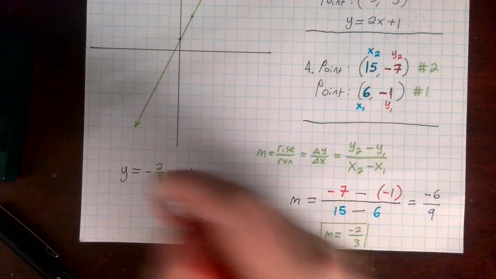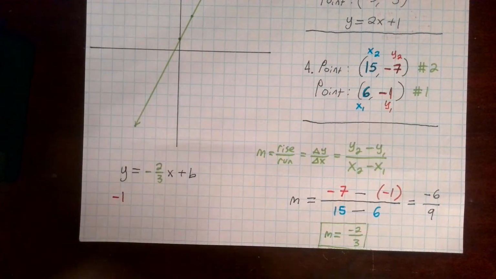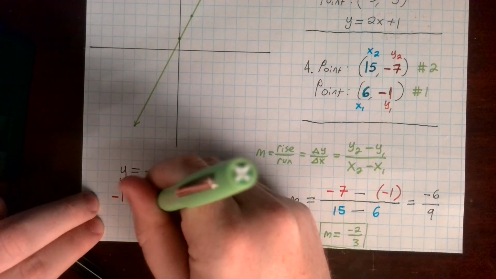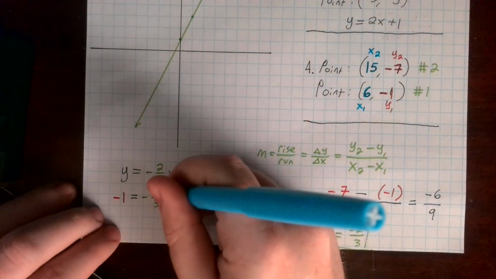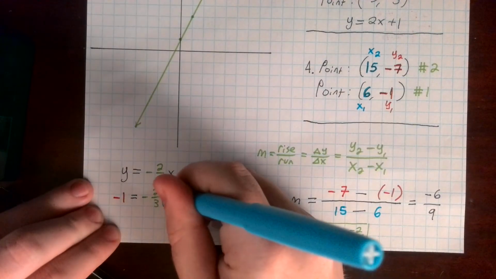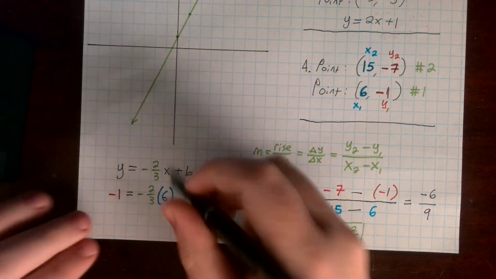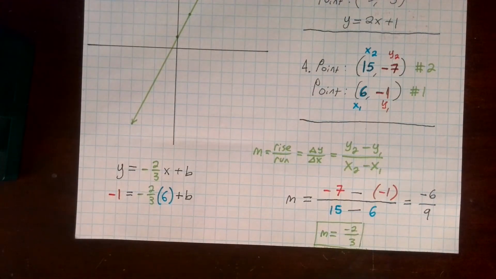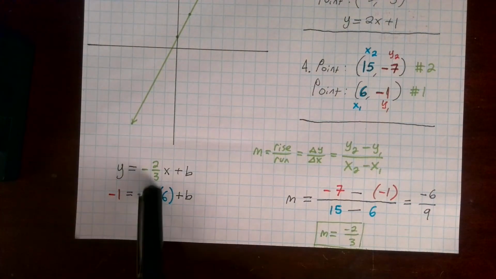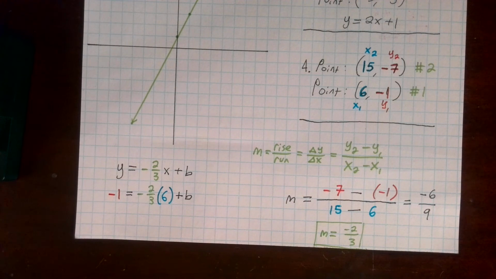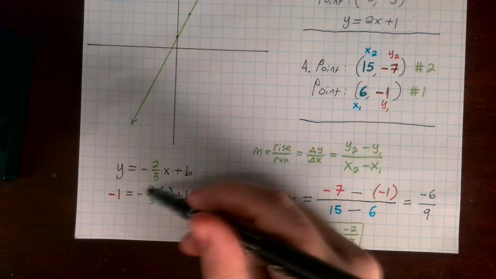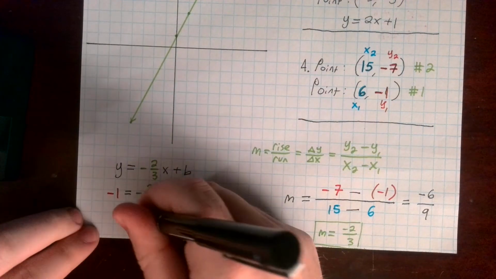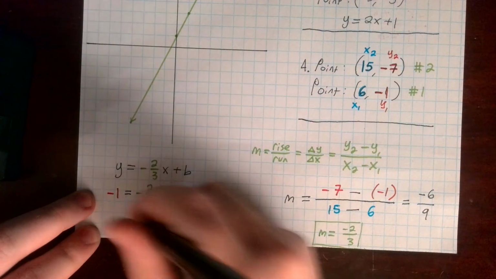So our y was -1, so we plug it in for y. That equals our slope of -2/3. But instead of x, we're putting down the x value of 6, plus b. Let's simplify. What's -2/3 times 6? Remember, this is basically the same as saying, what's -2 times 6 divided by 3? It's -4.